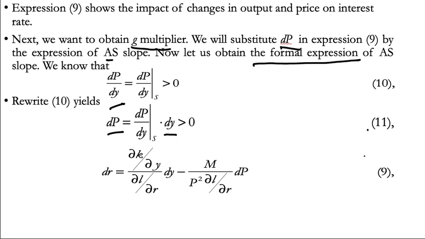We can see expression 9 again here because I put it here so that it's much easier to refer to. Like I said earlier, we will substitute dp in expression 9 by the expression of the AS slope. Which expression of the AS slope? The expression of the AS slope in 11 here.